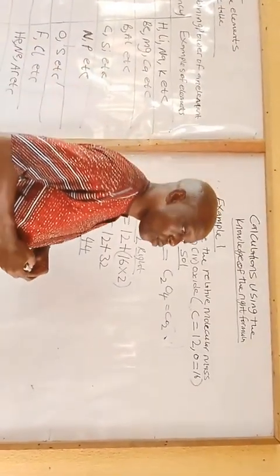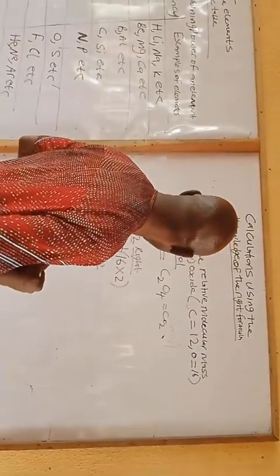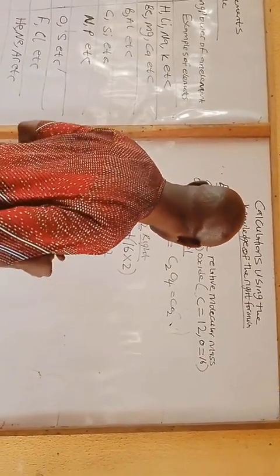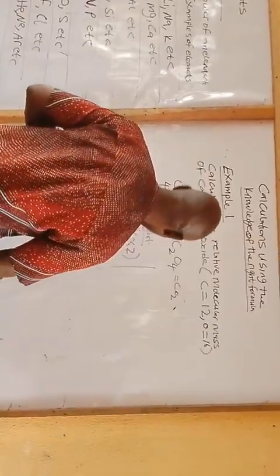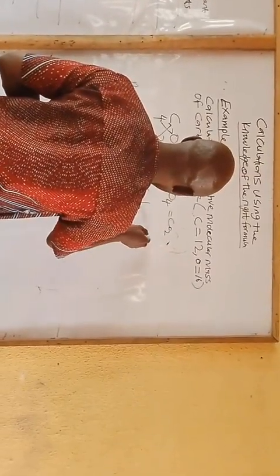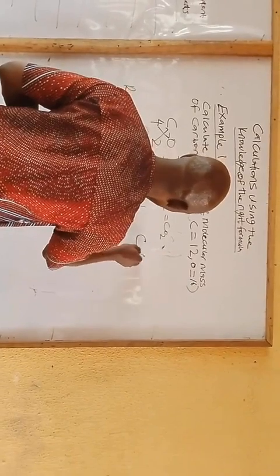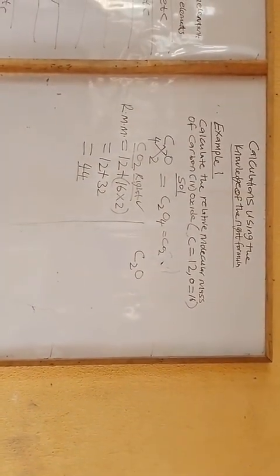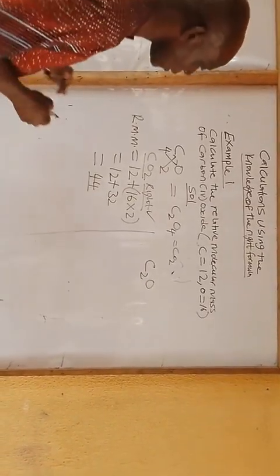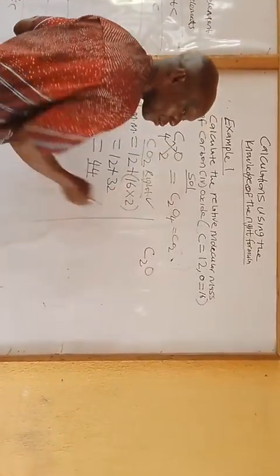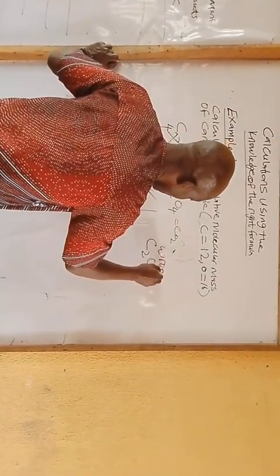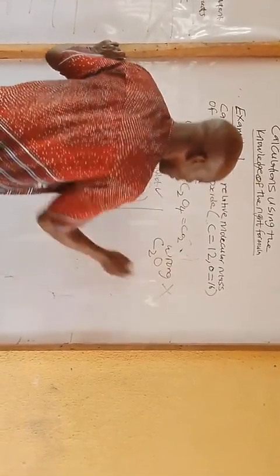Let's now see, for students who mistakenly use the wrong formula to carry out the calculation, what they are likely to get. Maybe instead of carbon 4 oxide, the student writes C2O because of poor mastery of formula. You now bring in the relative atomic masses given again. This is wrong, wrong formula.